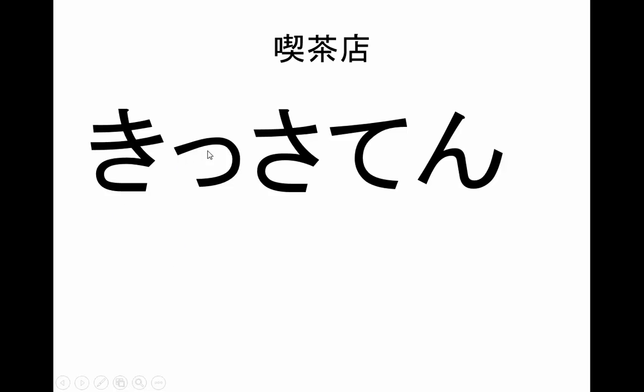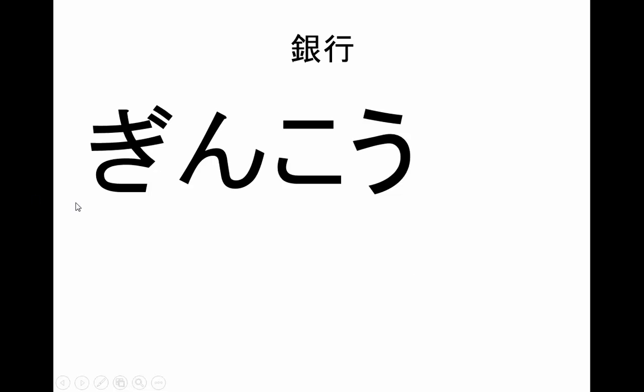That's a small tsu, so. Right, kissaten. Cafe, yes. Kissaten. Right. Ginko, yes, a bank. Yeah, this is actually silver, and I think this kanji in this context could translate as something like a repository.